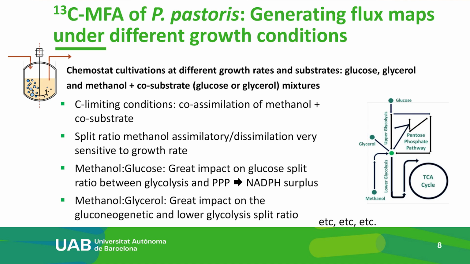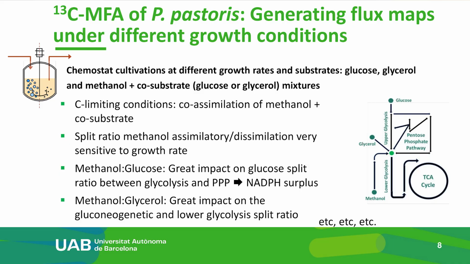And then we could see how, for instance, the split ratio between methanol assimilation and dissimilatory oxidation to CO2 was really sensitive to growth rate. Under low growth rate, maybe between 50 to 70% of methanol goes to CO2, whereas at very high growth rate, almost all methanol is oxidized to CO2.